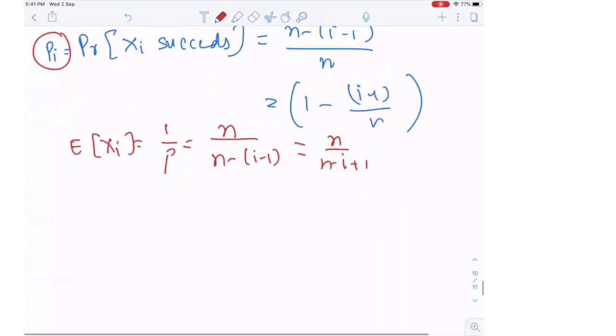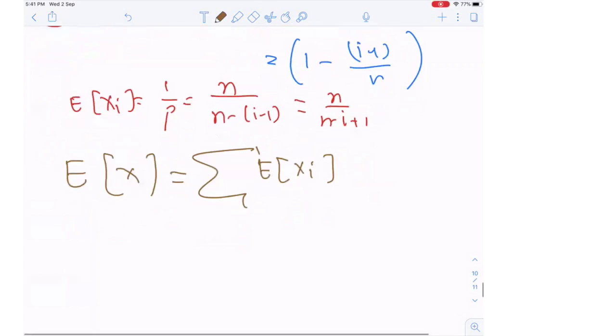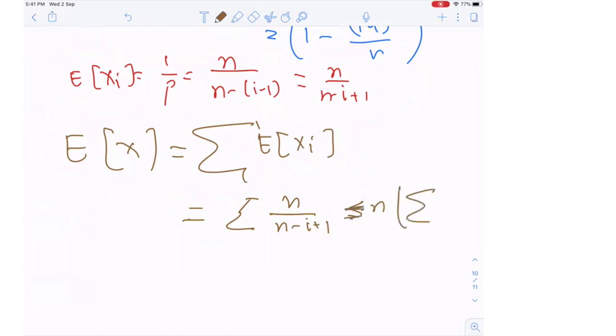So what is my expectation of x? By linearity of expectation, the expectation of x is the summation of the expectations of xi, which is the summation of n over n minus i plus 1, which is actually equal to n times the summation of 1 over n minus i plus 1. Does it remind you of anything?